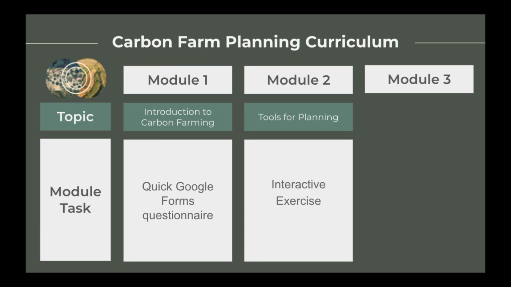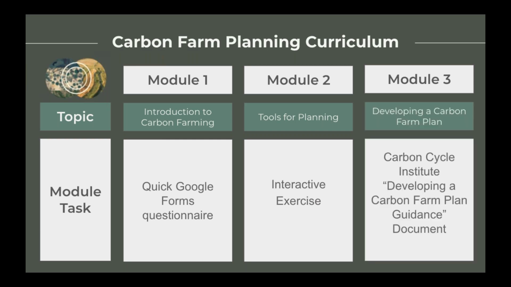The Module 2 task takes a more interactive approach, asking users to read a landscape to address the resource concerns using conservation practice standards, having navigated through the tools for planning pages of Module 2. And then finally, Module 3 is that self-paced and self-guided document that CCI created. So this would be the start of creating your own carbon farm plan.